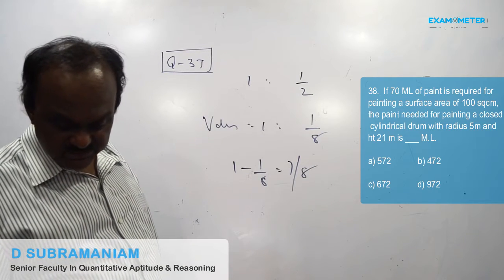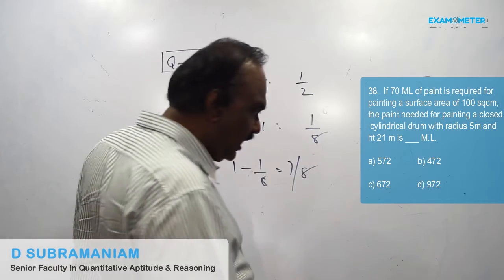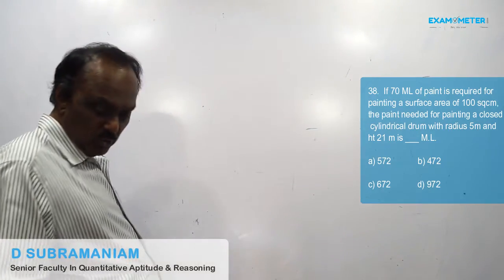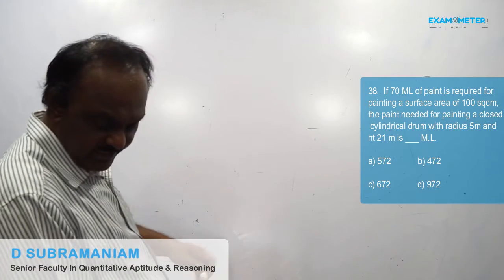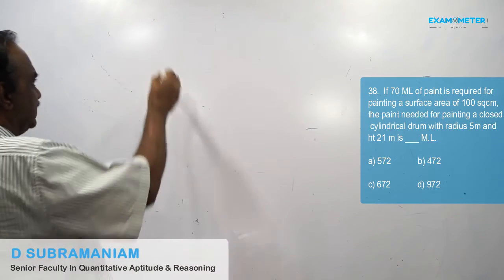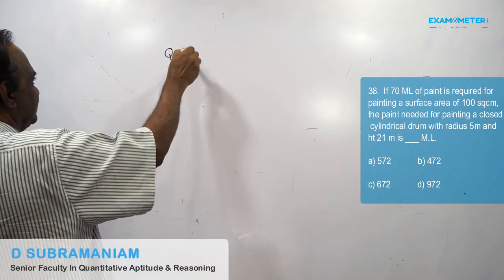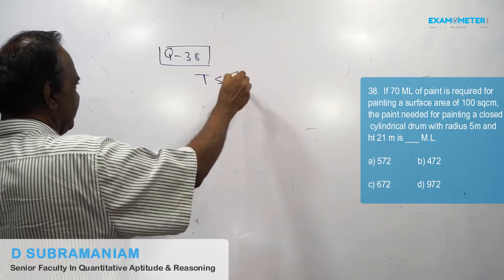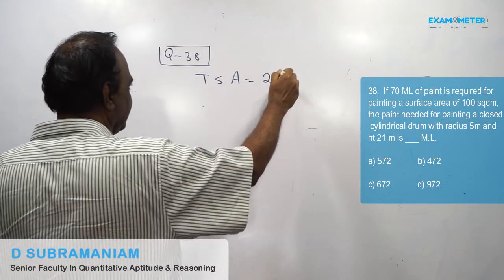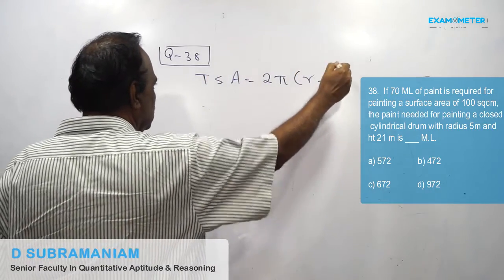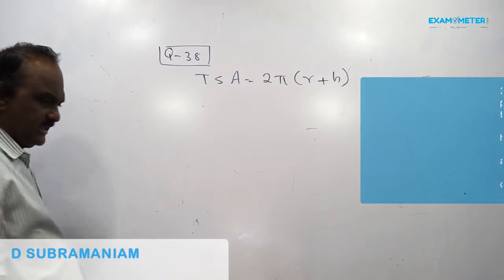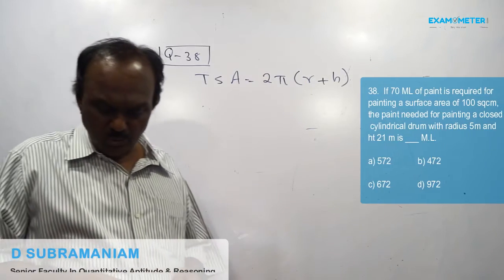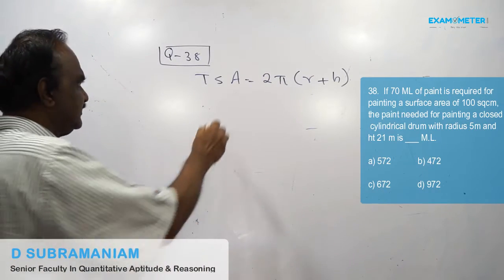So write down first step. Total surface area of the cylinder is equal to 2 pi into R plus H.